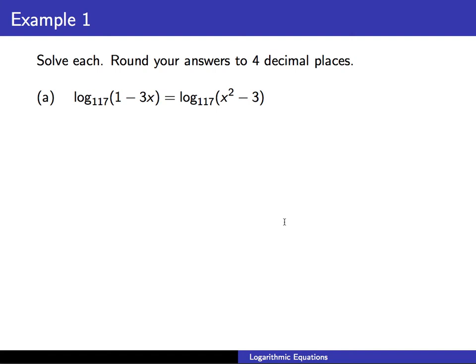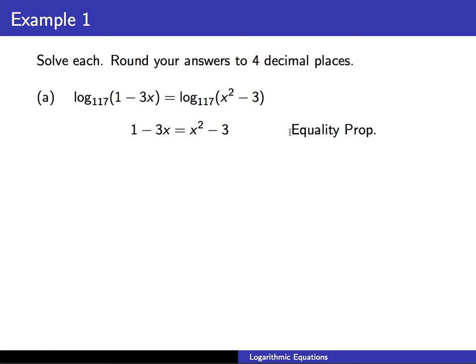So example 1, we're going to solve each, rounding our answers to 4 decimal places. We have log base 117 of 1 minus 3x equals log base 117 of x squared minus 3. It's nice that we have two equal logarithms with the same bases, so we can use our equality property and set 1 minus 3x equal to x squared minus 3.